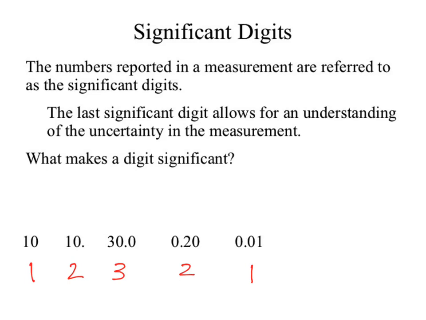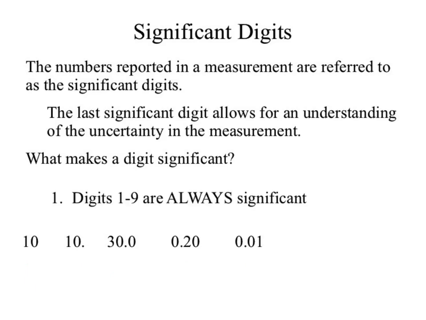Okay? So we have to be able to know what was 0 as important and what was 0 as not important. And that's ultimately the big line that differentiates significant digits. Okay? It really comes down to the meaning of that 0. Okay? So 1 through 9, they're always significant. Okay? So let's take a look at our zeros.